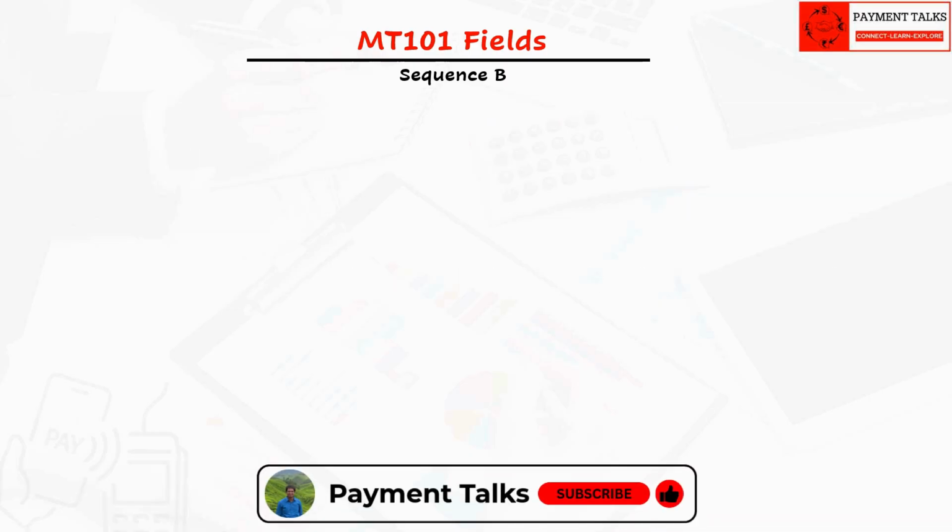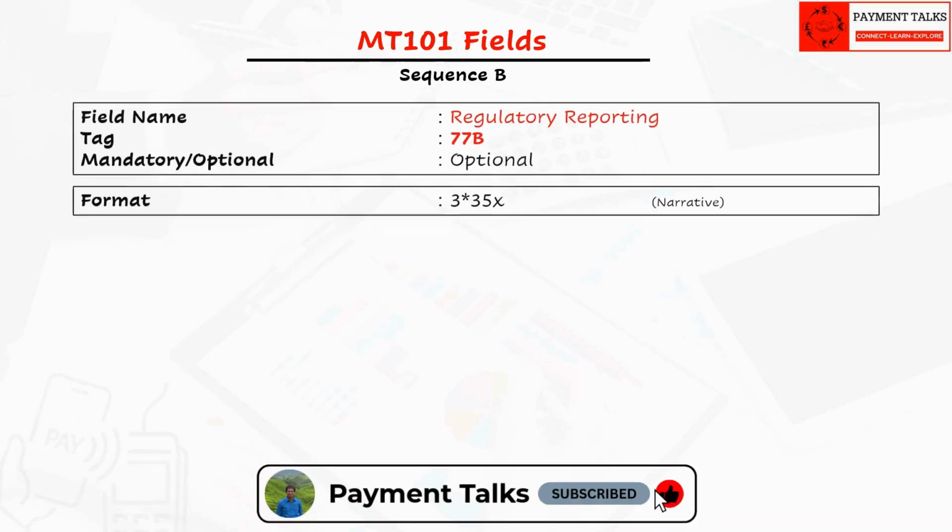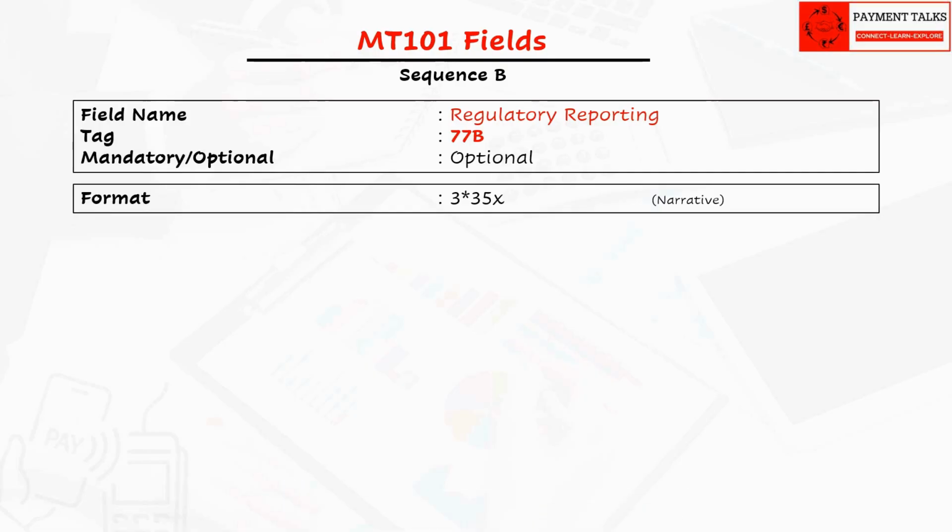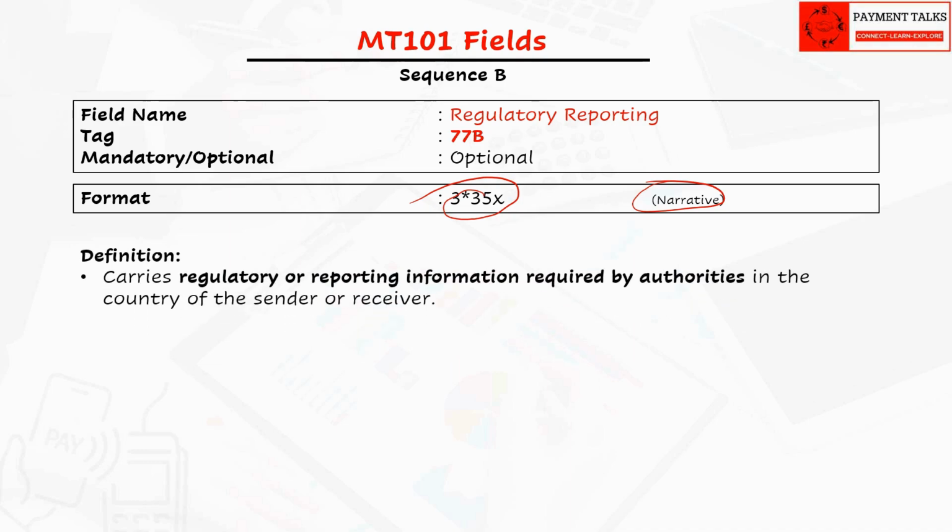The next field is regulatory reporting, tag 77B. This is an optional field. The format is a simple 3 times 35x text field, but it contains the information using codes. This field carries regulatory or reporting information required by authorities in the country of the sender or receiver.